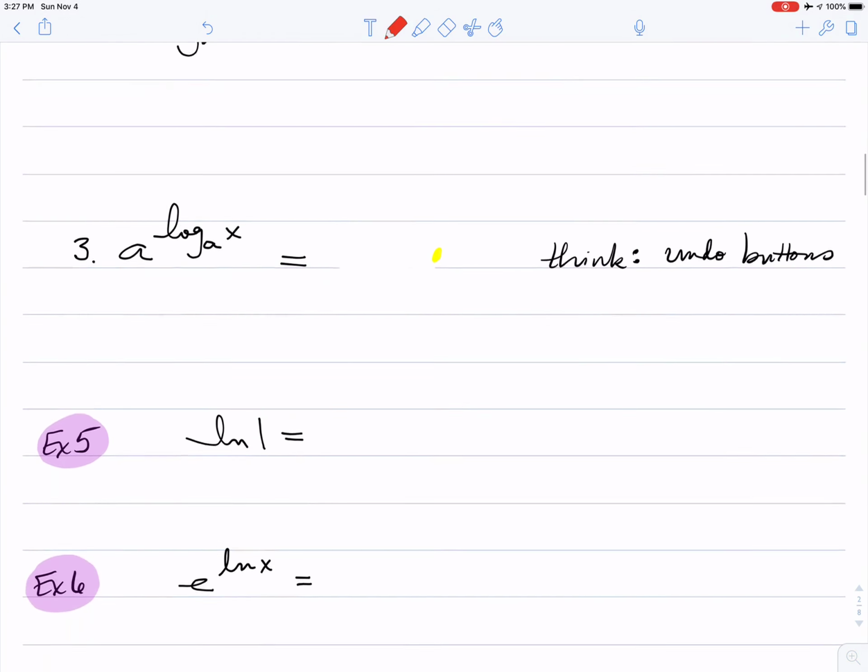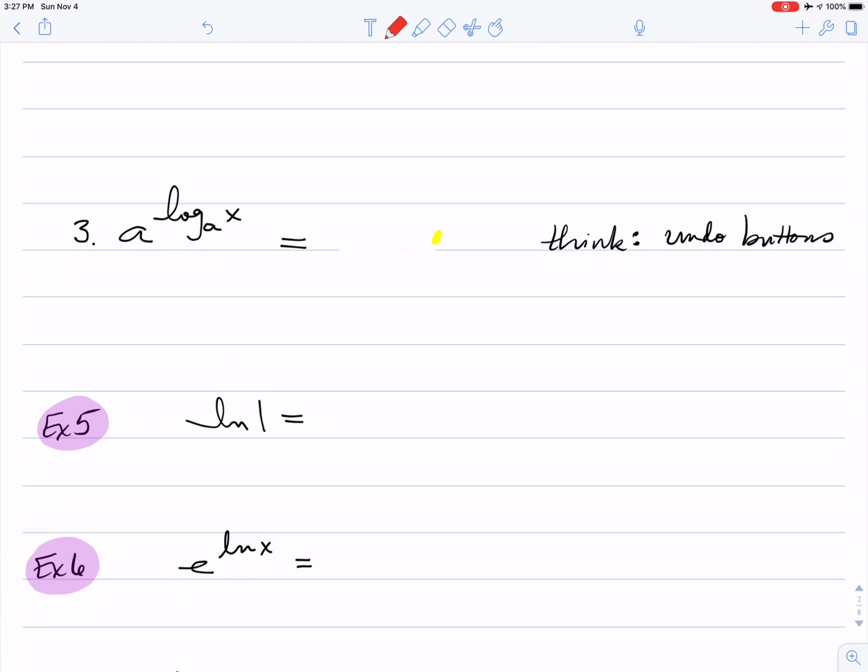For property number 3, this is a raised to the log base a of x. Once again, notice that my bases are alike. And really on this one, you are mixing exponentials and logarithms all in one problem. It's kind of like having the square root of 53 squared. We know that squares and square roots undo each other.